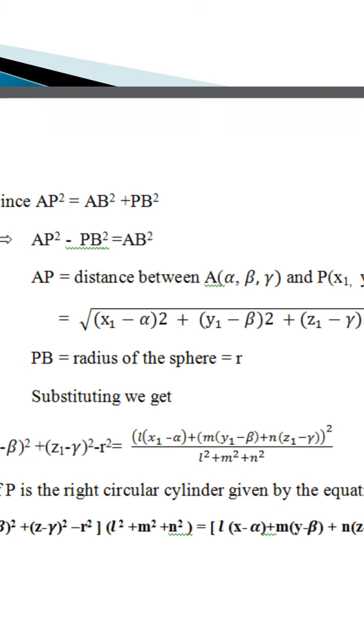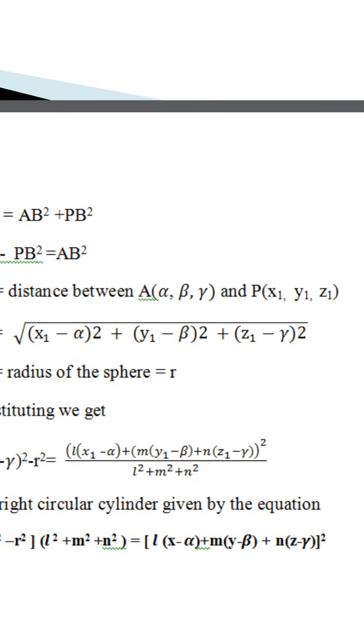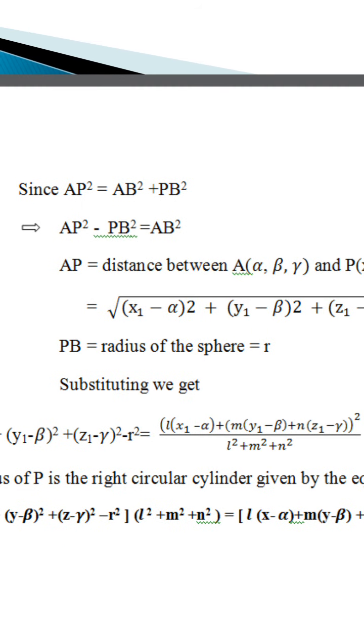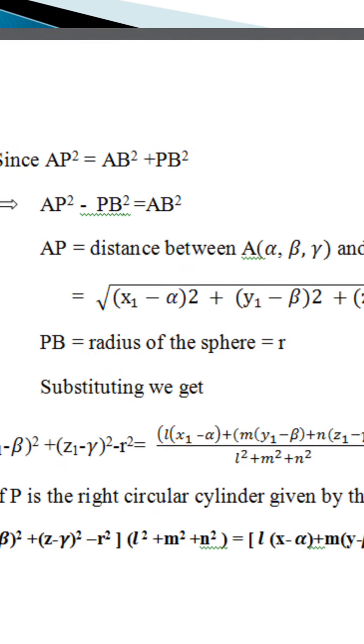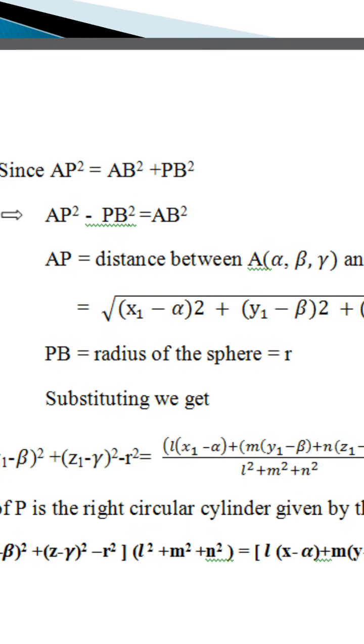We get root of (x1 minus alpha) whole square plus (y1 minus beta) whole square plus (z1 minus gamma) whole square. Now, what is PB here? That is the radius of the cylinder, which is equal to r. Now we have to substitute the AP value, PB value and AB value in this equation.